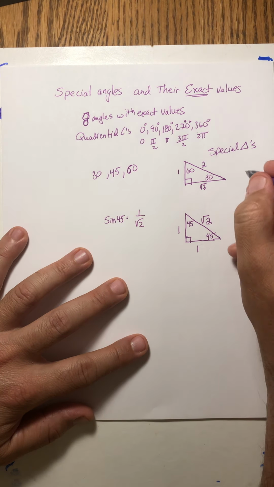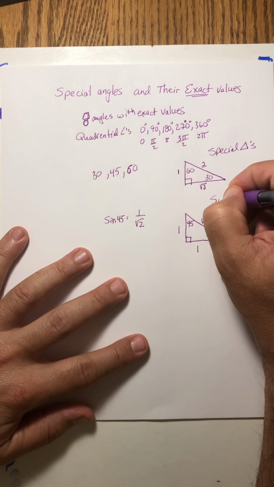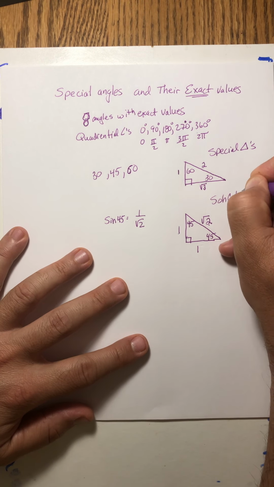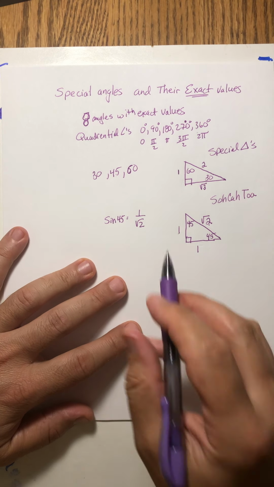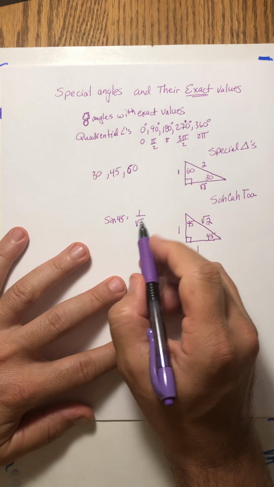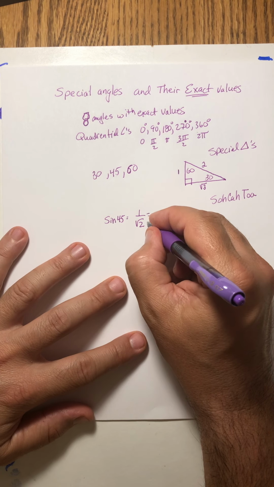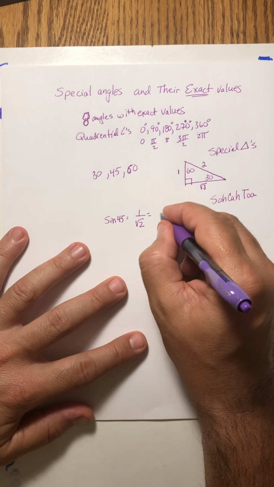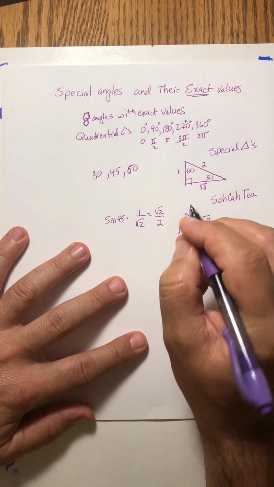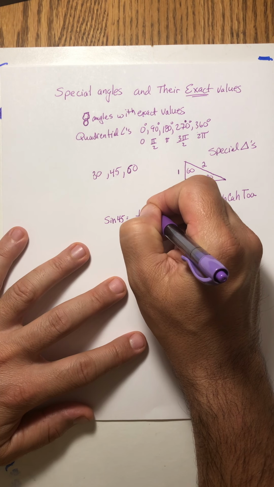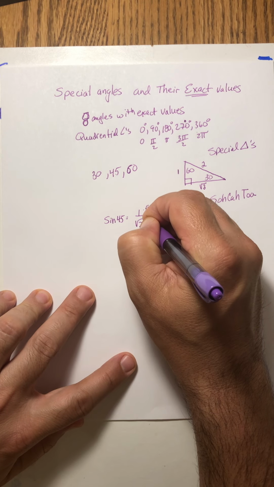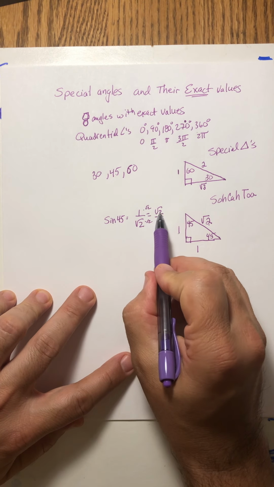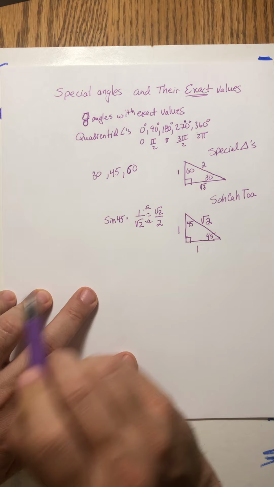That's your SOHCAHTOA. You can leave your answer like this, but you're better off rationalizing the denominator, so radical 2 over 2. All we do is multiply top and bottom by radical 2, so we have 1 times radical 2 over radical 2 times radical 2, which is radical 2 over 2.